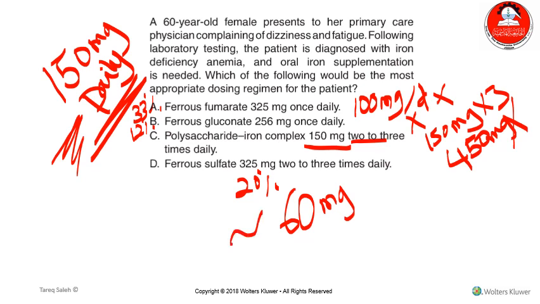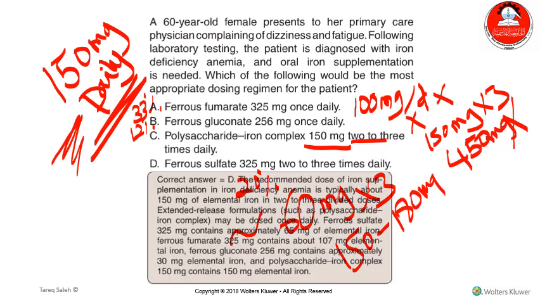Of course, these are rough numbers. You can do the calculations. And if you give this 3 times a day, 2 to 3 times a day, then you will be treating the patient at a range of 150 to 180 milligrams per day. That's why the correct answer to this question is D. So it's very important to know the characteristics of the oral iron supplements.